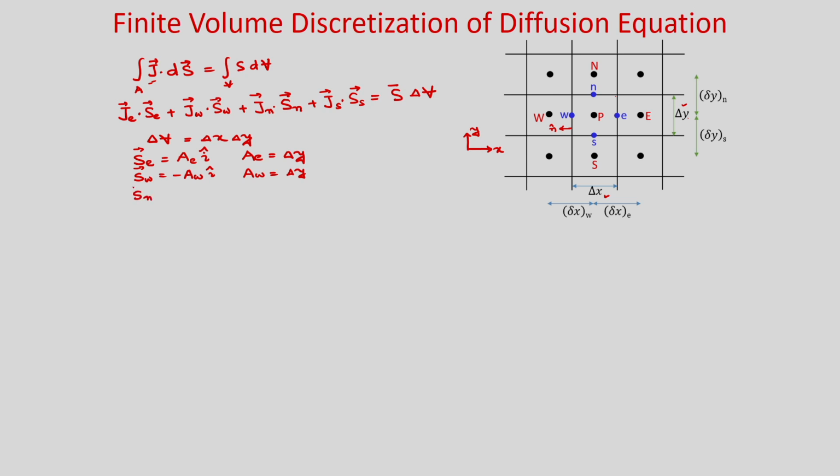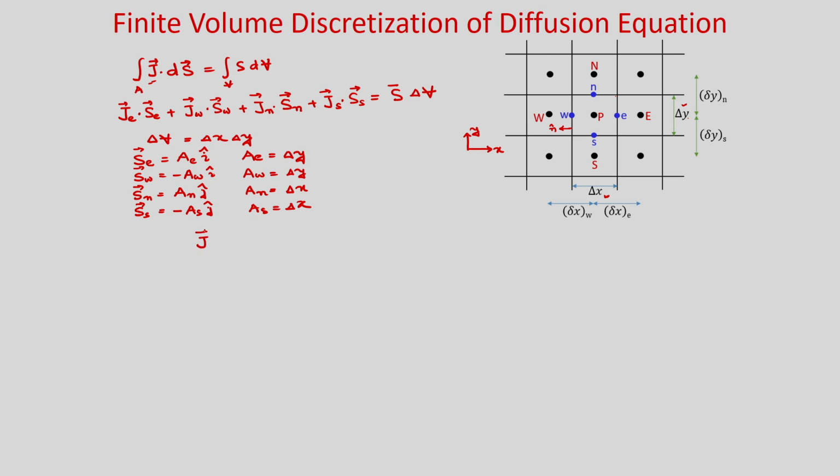Similarly, Sn is equal to An j, where An is delta x, and Ss is minus As j, similarly because your normal is in the negative y direction, and As is your delta x. So, we know the volume as well as the surface area vector for each face.